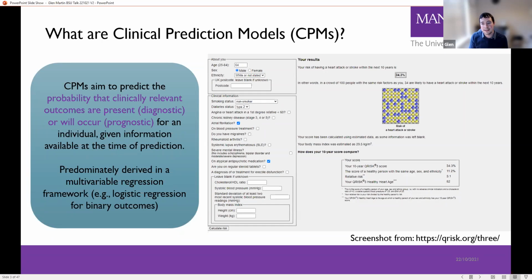You can see on the slide an example of such a model. This is a screenshot from the Q-risk algorithm. You can see all of the different covariates or predictor variables on the left-hand side of the app. You enter all the information, click calculate risk. Under the bonnet is a Cox proportional hazards model, and it outputs the 10-year risk of CVD on the right-hand side. Essentially all risk prediction models are based on this concept of using these covariates to output that risk of the outcome, whatever that may be.